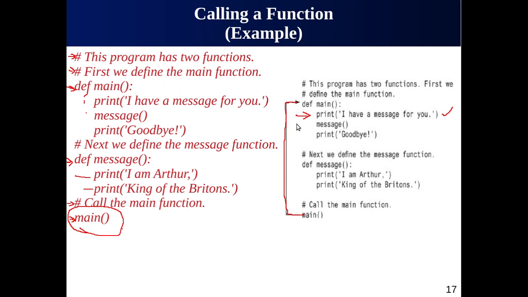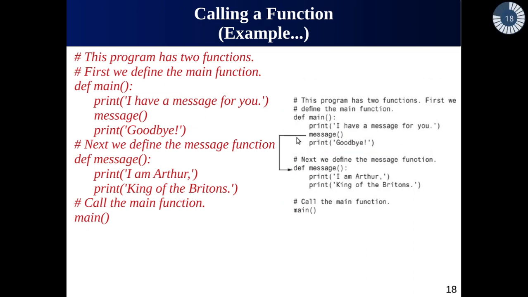And then what will happen here? We have a call to message. Now the interpreter will take a second jump from this location to the location where the function message has been defined. See, things are like this. We have a message function call inside another function. In this program, we actually have two functions, main and message.